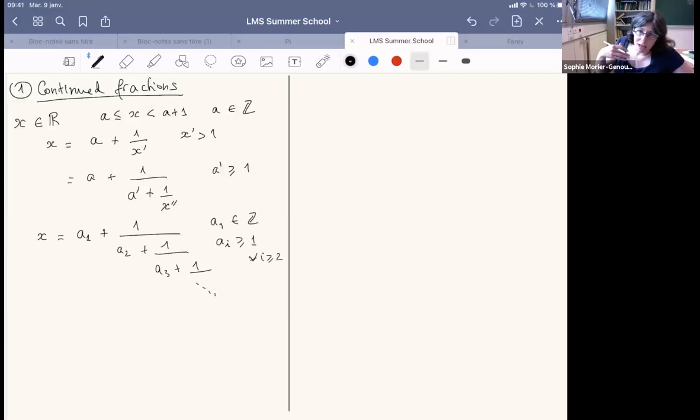Okay, so if it stops, it's because your real number x was a rational number. And if x was not a rational, this will never stop. So let me mention this. The sequence of a is finite if and only if x is a rational.